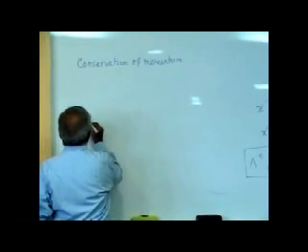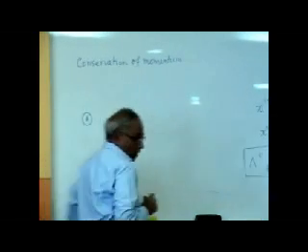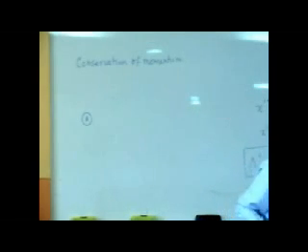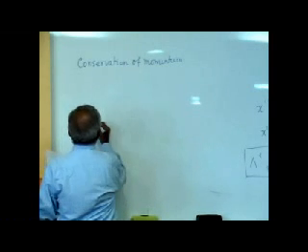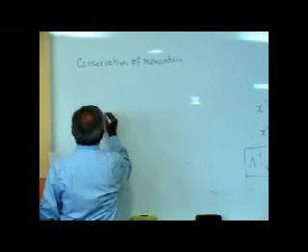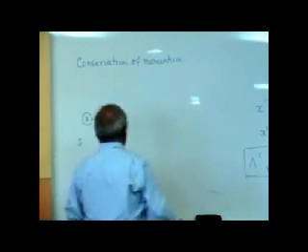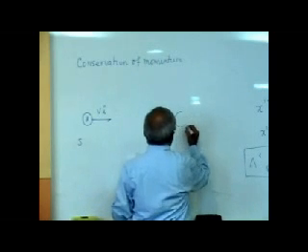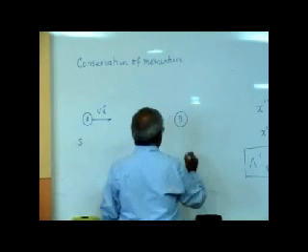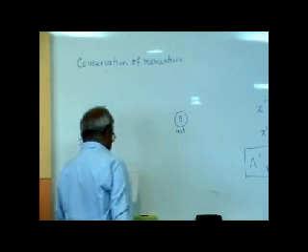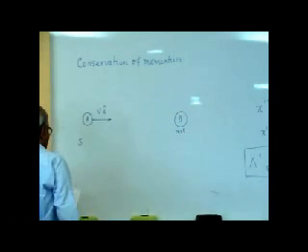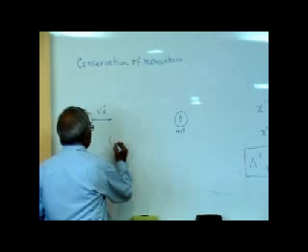I will have a ball A. In my frame S, this ball is moving with the velocity v(i), and another ball B is at rest. This is before collision.